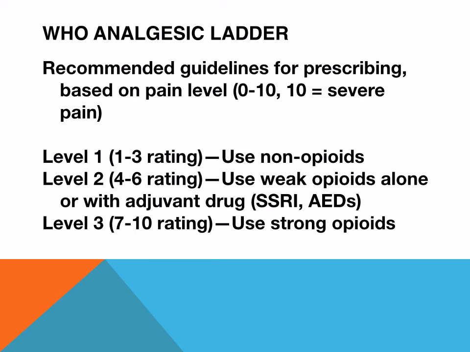If the patients have pain of 1 to 3, then you use non-opioids. Non-opioids may be acetaminophen or NSAIDs, aspirin, ibuprofen. Level 2 is when the patient says, I have pain from 4 to 6, then you use weak opioids, or you can use them with some adjuvant drugs.